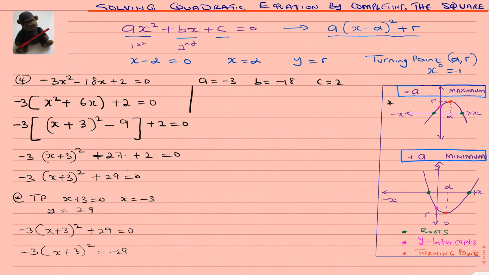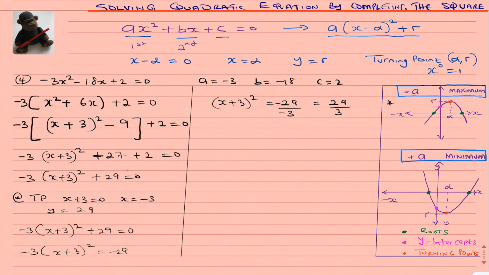So let me draw this down. So that's what we got, and we need to divide both sides by minus 3. And so I get x plus 3 squared equals minus 29 over minus 3, and that should give us 29 over 3.